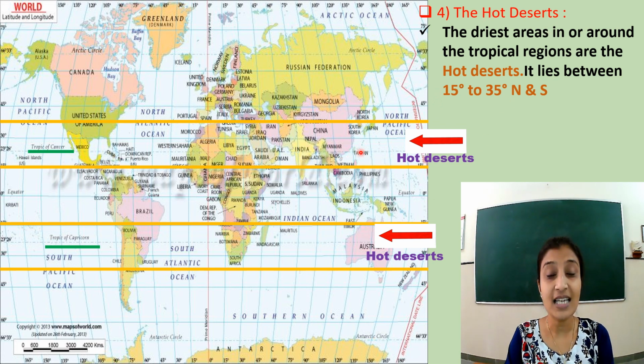These areas are the driest in or around the tropical regions. They are the hot deserts. It lies between 15 degrees to 35 degrees north and south. These areas lie in the torrid zone and also cover some areas around the torrid zone. Understood, children? These four regions.